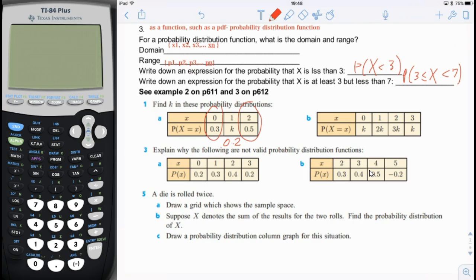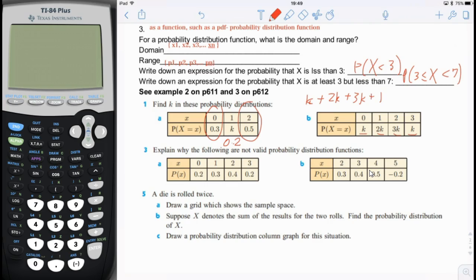Now, the next one's a little bit trickier. It has a bunch of k's here, but it only has one variable. And remember, we do know that if we add up all these, we're going to get 1. So what we do is turn it into an algebra problem.